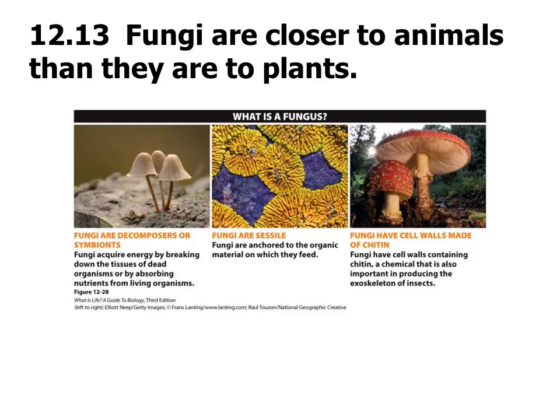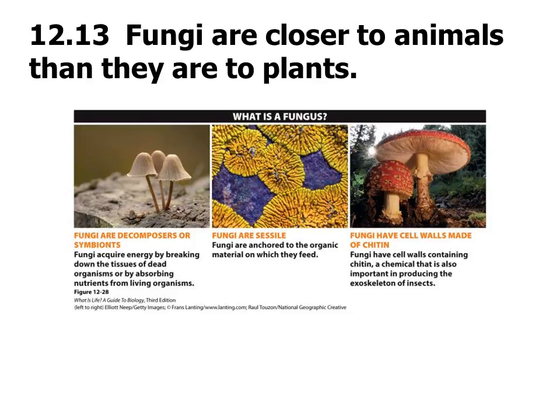Fungi make up their own kingdom within the eukaryote domain. Most fungi are multicellular, most of them can't move, and they are decomposers. So that is what defines a fungus. They're decomposers that acquire energy by breaking down the tissues of dead organisms. They are sessile, meaning they're anchored in one place.